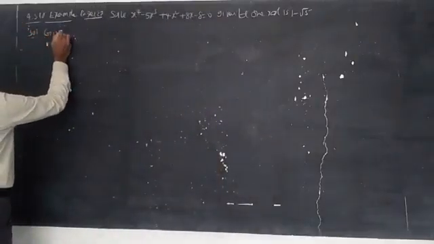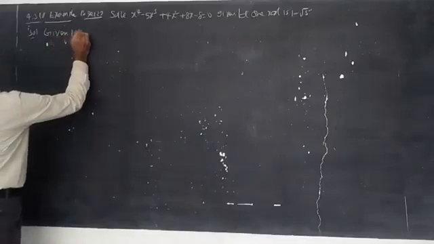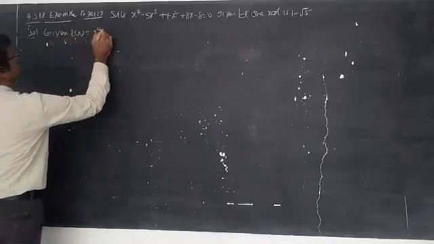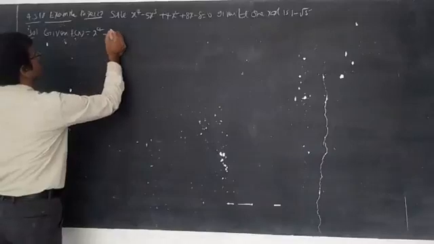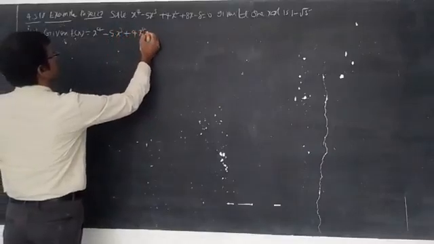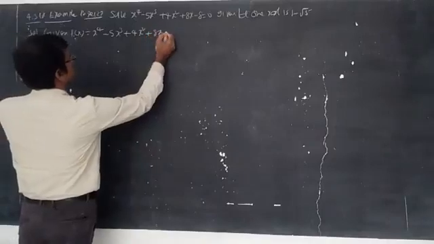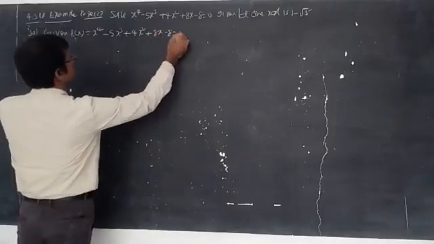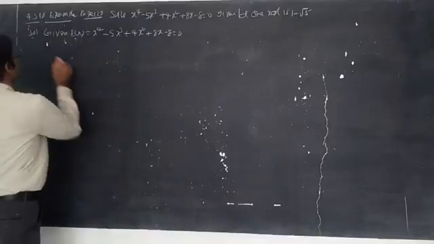Given f of x is equal to x power 4 minus 5x cube plus 4x square plus 8x minus 8 equal to 0.